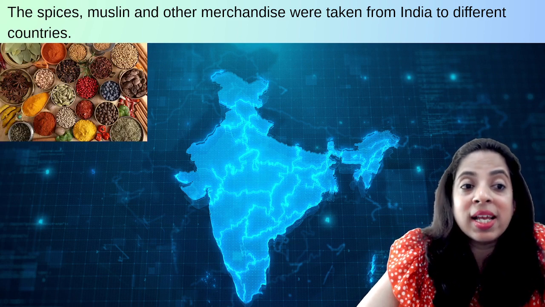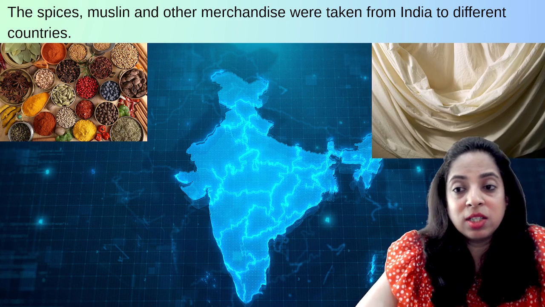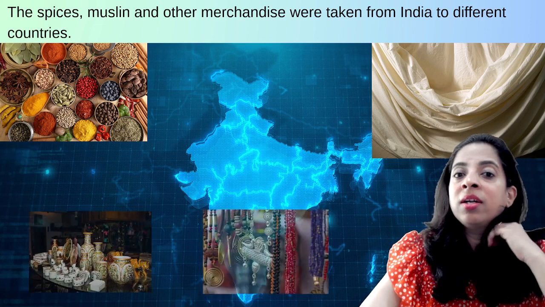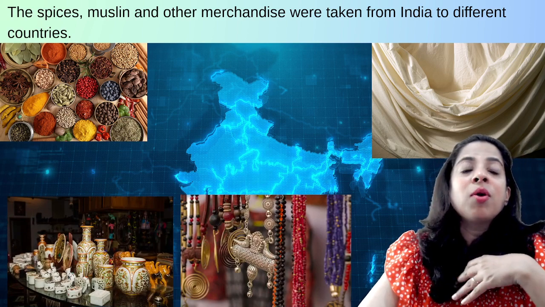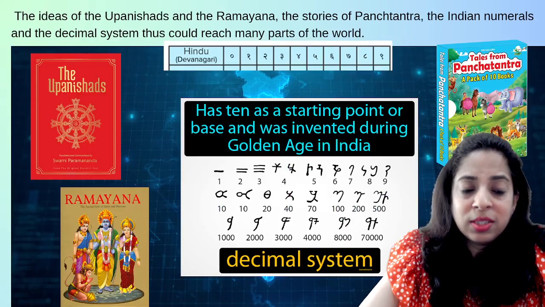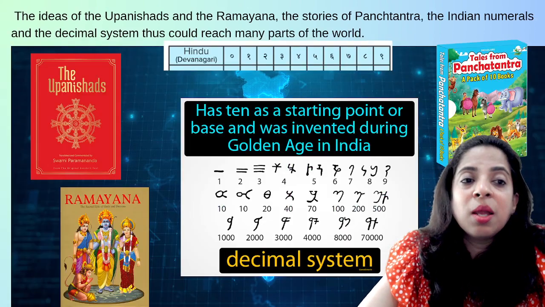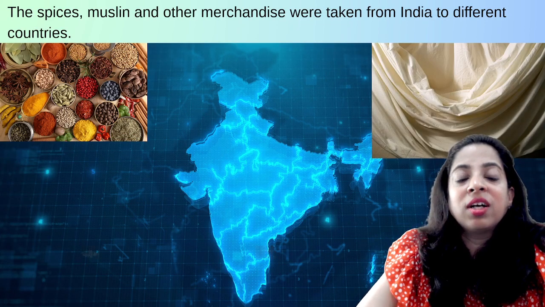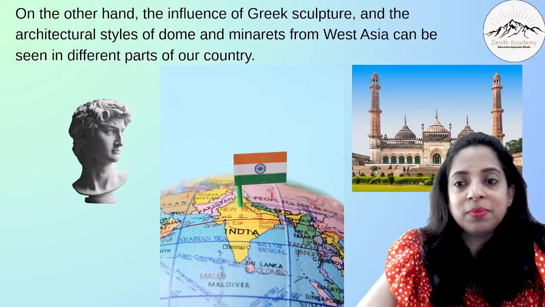Now, the spices, muslin, a type of cloth that is produced in India, and other merchandise were taken from India to different countries. So these are the important things that moved from India to other parts of the world.